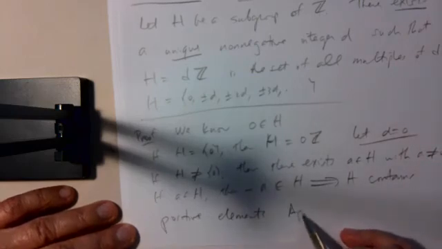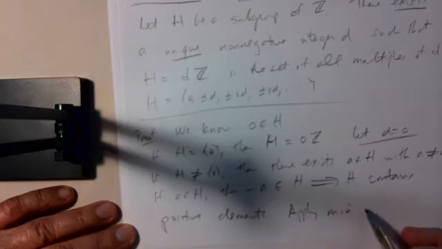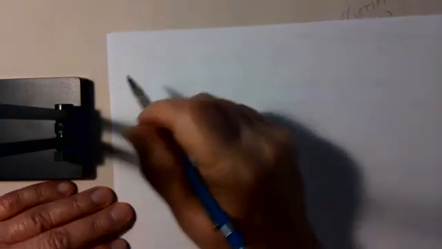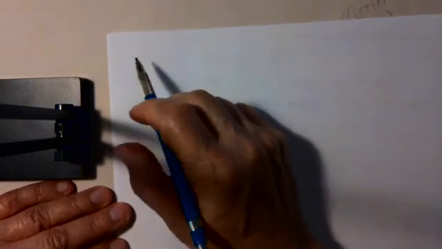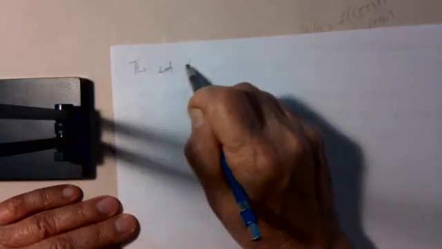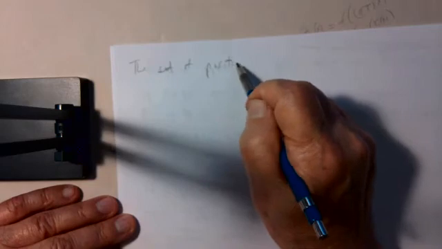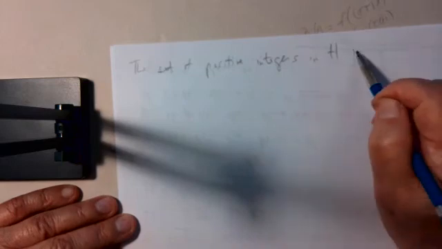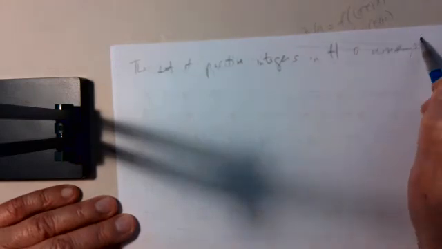So now we apply the minimum principle. The minimum principle says that every non-empty set of positive integers contains the smallest element. So the set of positive integers in H is non-empty, right?